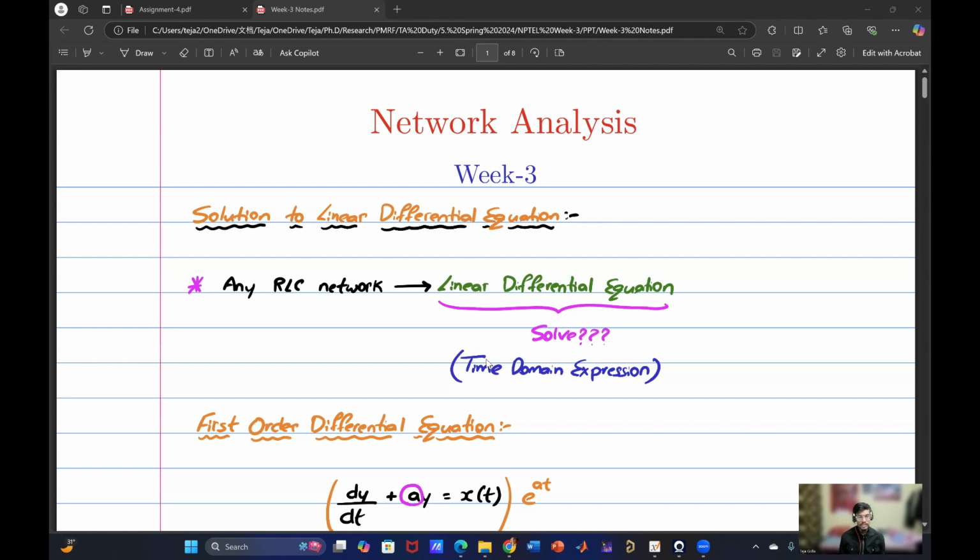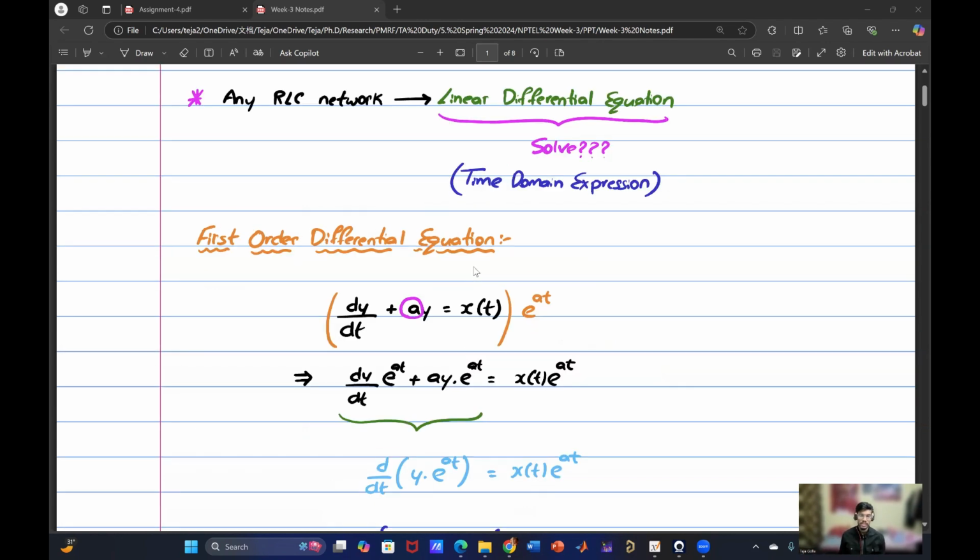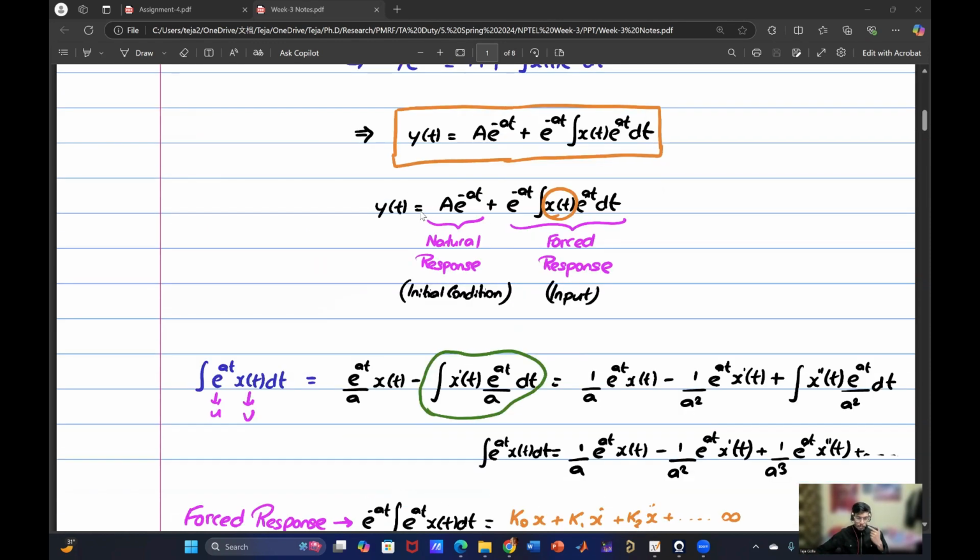In week 3 of network analysis, we discussed the solution to linear differential equations. We first discussed why a solution is needed, because any RLC circuit can be written as a linear differential equation. Then we started with a first order differential equation and realized that it has one natural response and one forced response.